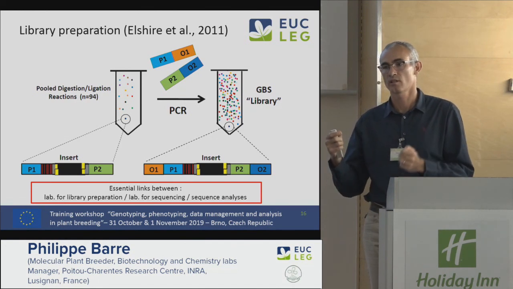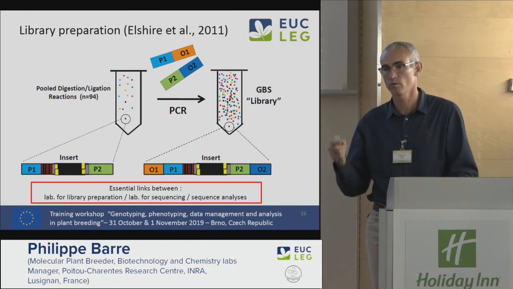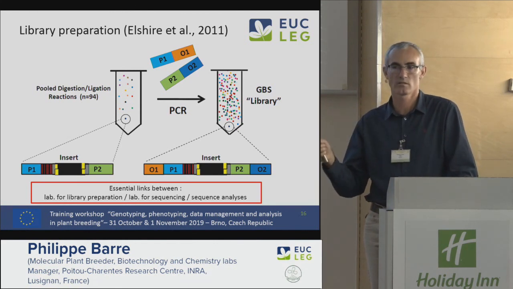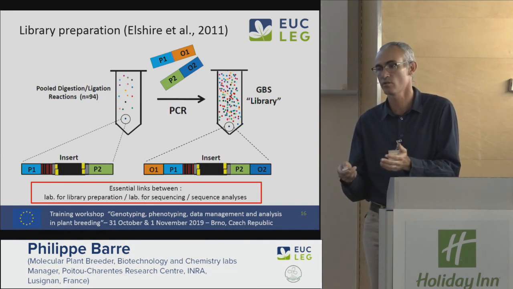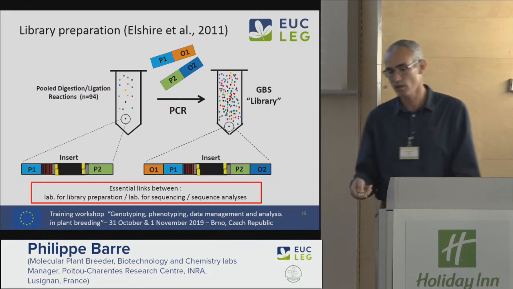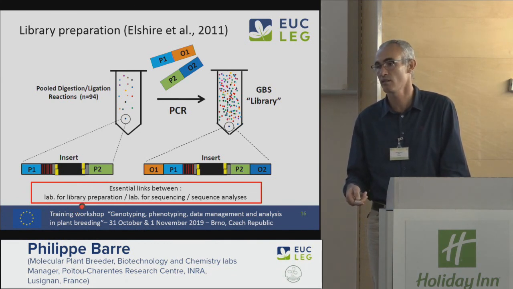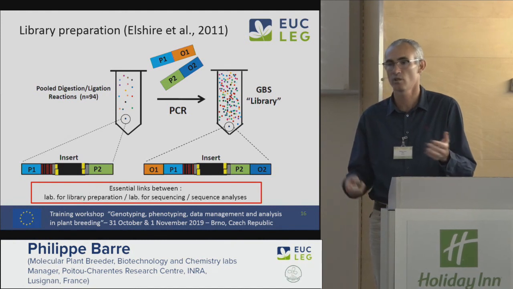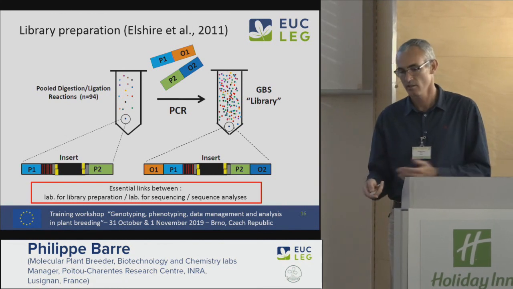When you do the sequencing, you have different ways to do it, and depending on the sequencer, you won't have the same barcode. So it is essential that you have good communication between the person in charge of the library preparation, because it's nice, you can do it in your lab, it's just pipetting, you don't need a robot for that.